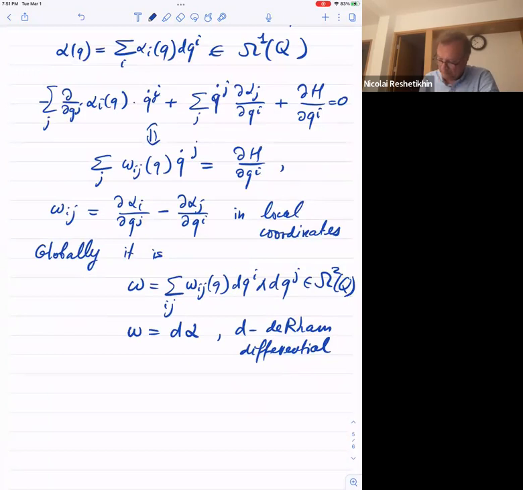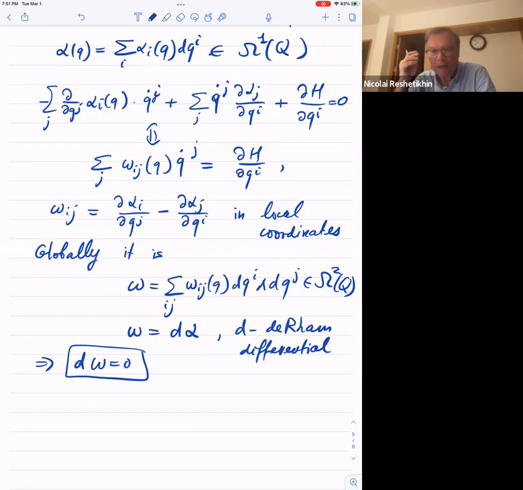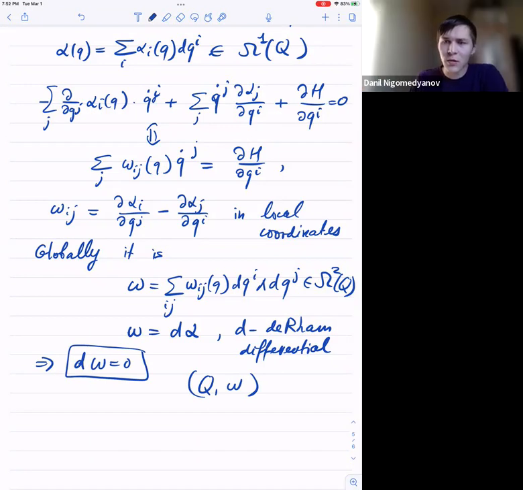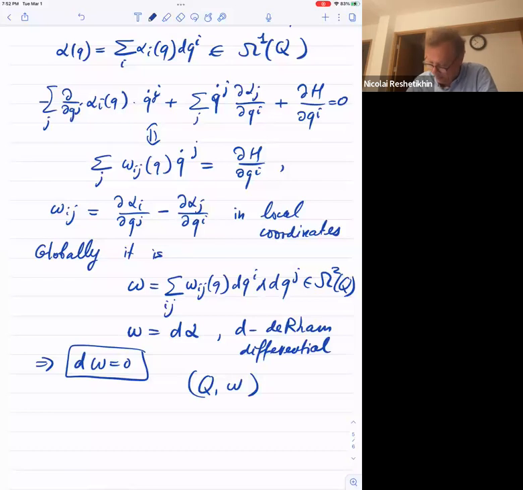So because omega is d alpha, as a consequence, d omega is 0. So who knows what is the name of this structure of the manifold? So now we have a smooth manifold Q and a closed differential form omega. Symplectic structure? It's not quite symplectic structure. This is what we want. But so far, because we don't know whether this matrix is non-degenerate, it's a pre-symplectic structure.